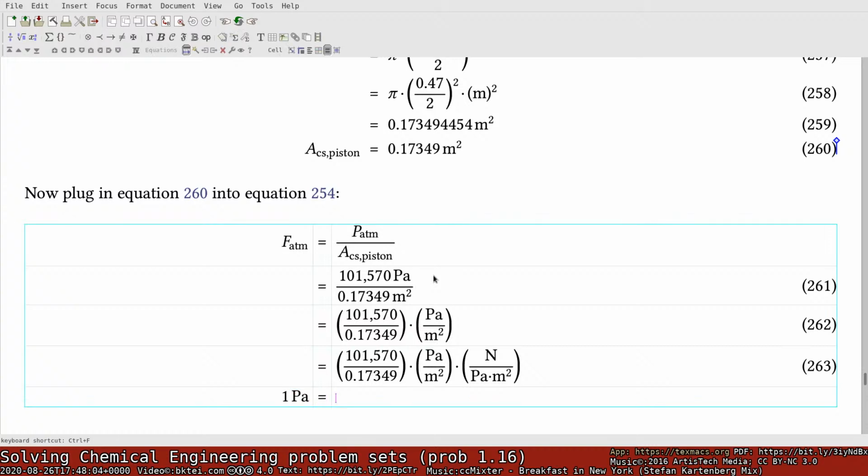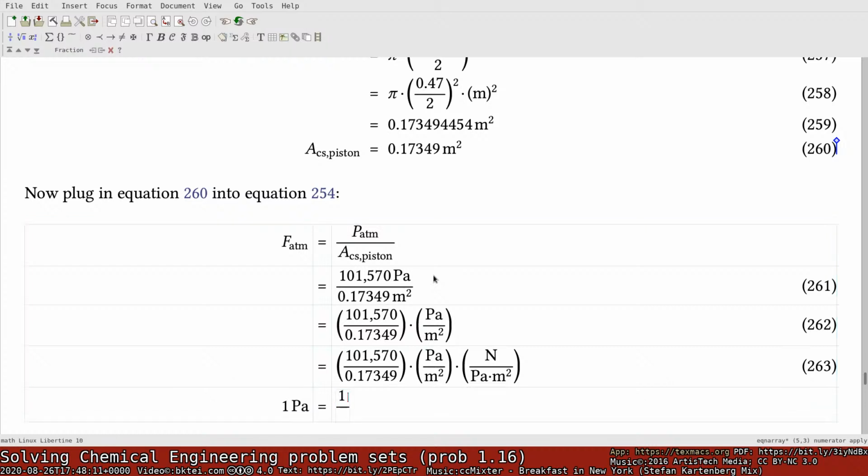One Pascal is equal to 1 Newton per meter squared. Is that right?